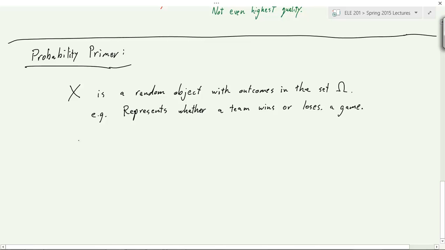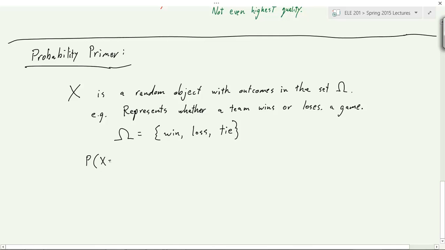Then in this case, omega is going to be the set win, loss, or tie. Those are the possible outcomes. X is random, but it's going to take one of those values. Right?